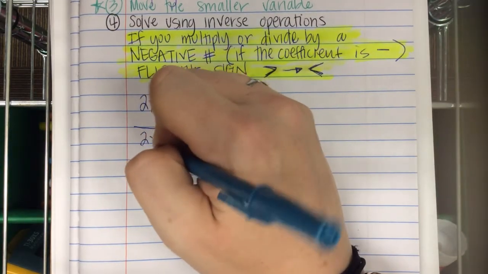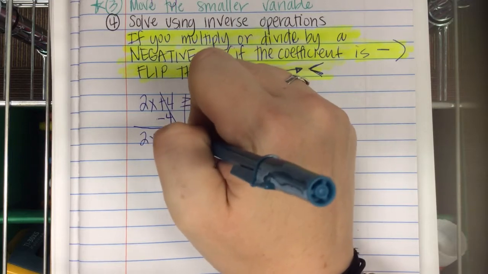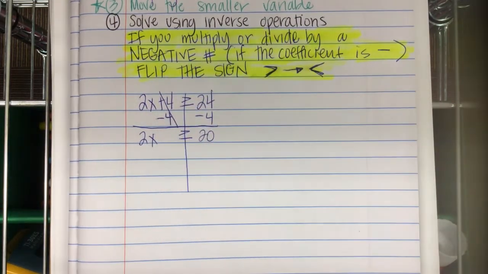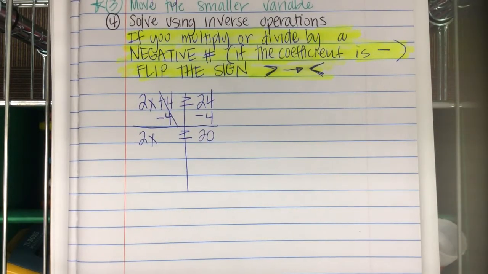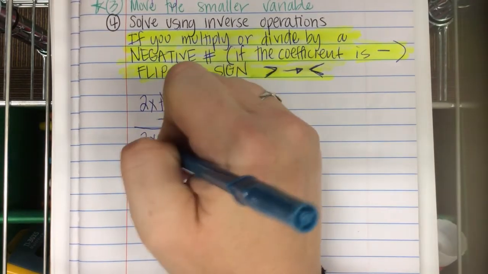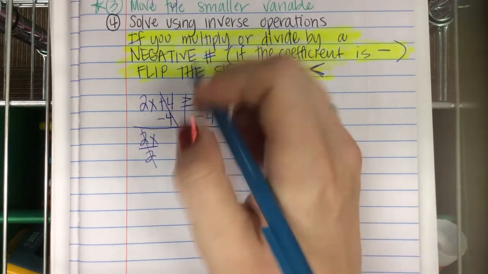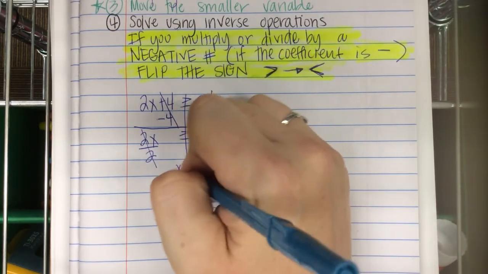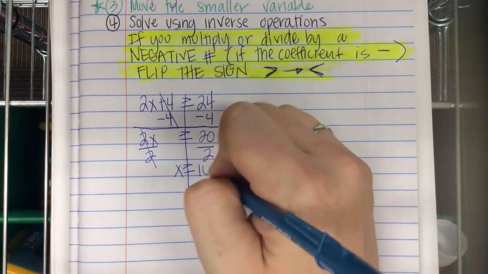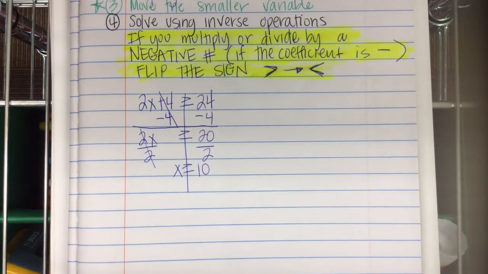So I'm left with 2x is greater than or equal to 20. Am I done? X is still not by itself. Inverse operations, divide by 2. X is greater than or equal to 10. And I'm done.